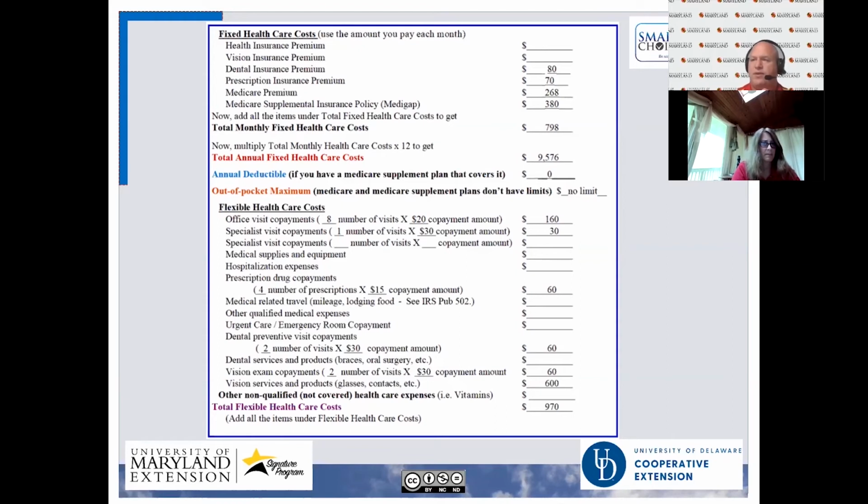You have 2 of those at $30 a piece. There's $60 there. Your vision exam payments, 2 of those at $30. That gives you a total of $60. And then when they both bought glasses, so $300 for each of the glasses takes you to $600. So their total flexible healthcare costs are $970.